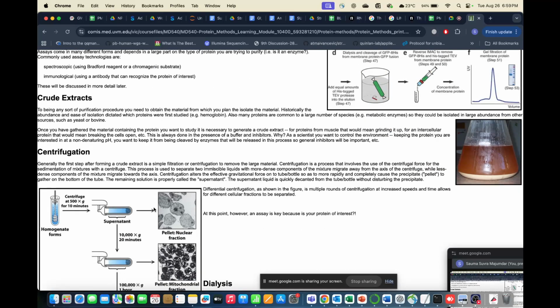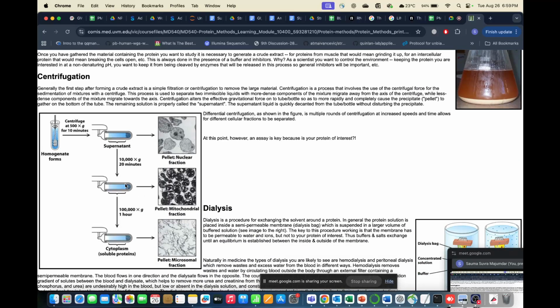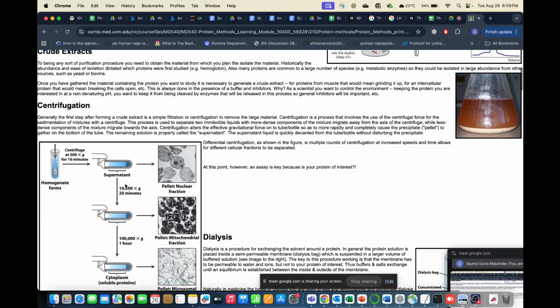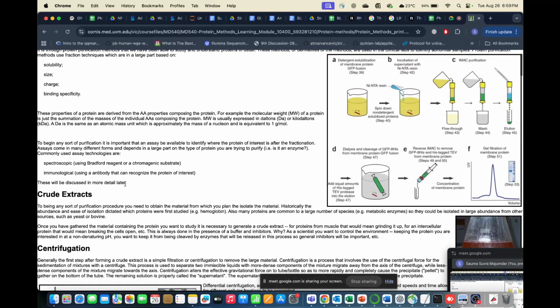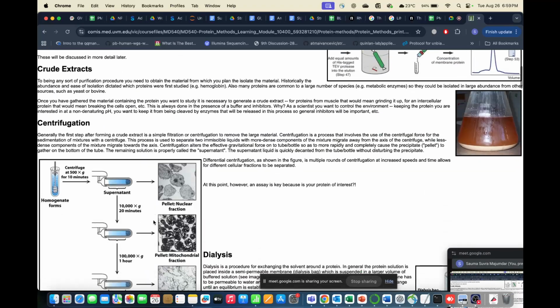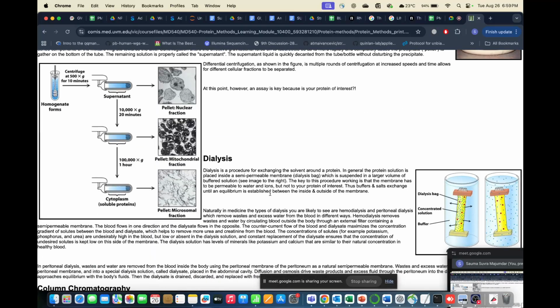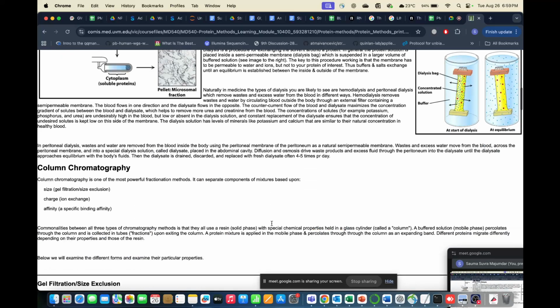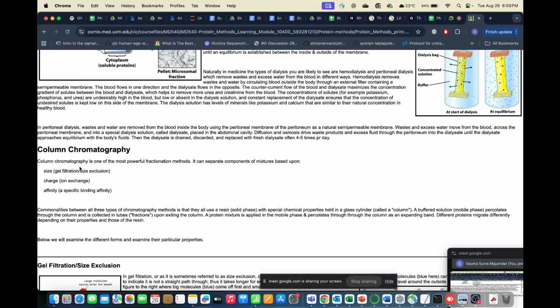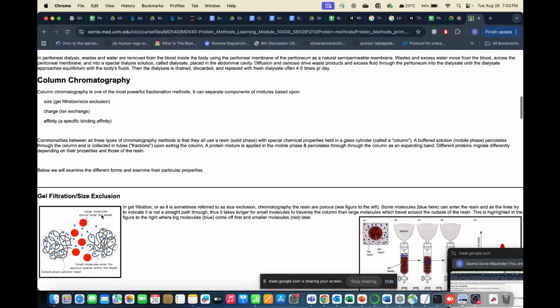You can do centrifugation, which is done on the basis of size. Dialysis you can also do, which is on the basis of size as well. Then you can do column chromatography, which can differentiate between size, charge, and affinity to bind to another protein. You can do gel filtration.